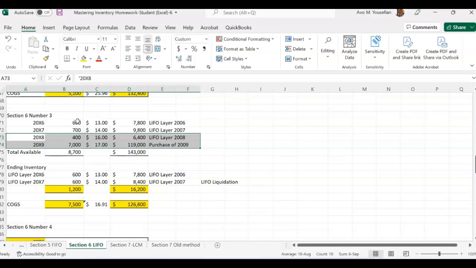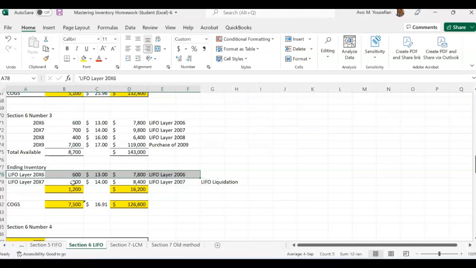So we go from the top here, and that's only 600 units. So we pick up the whole thing that is going to stay in the inventory, which is the LIFO layer of 2016. Okay, that's not enough. We need to go one step down and pick up another 600 units.